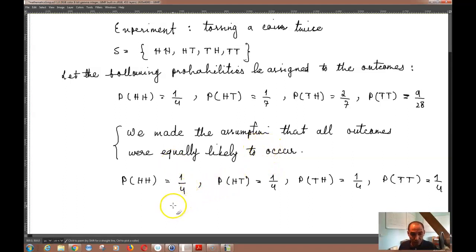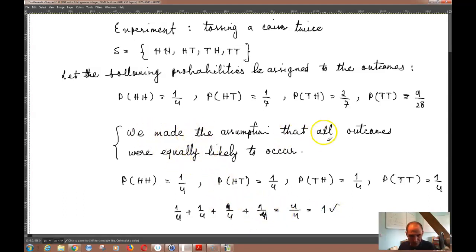When you add all of these together, you get 1/4 plus 1/4 plus 1/4 plus 1/4 is equal to 4/4, which is equal to 1, which of course makes sense.